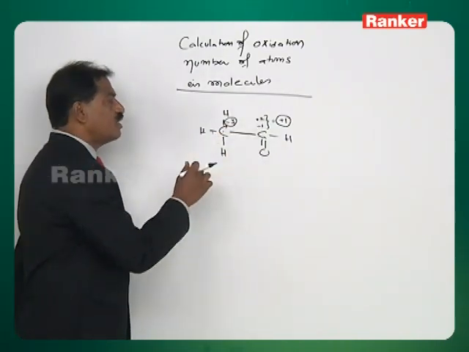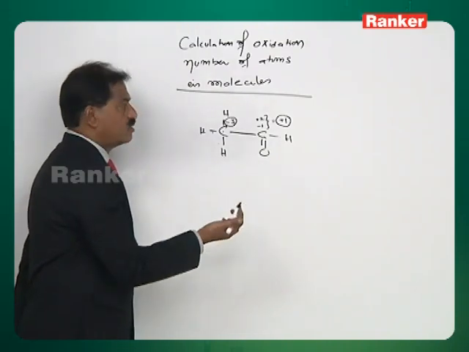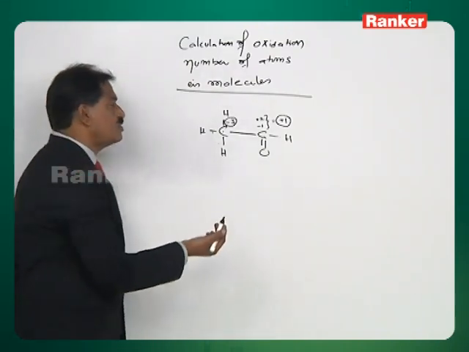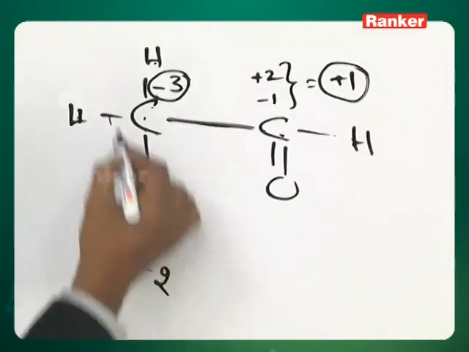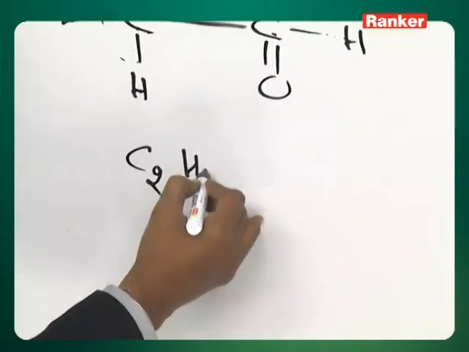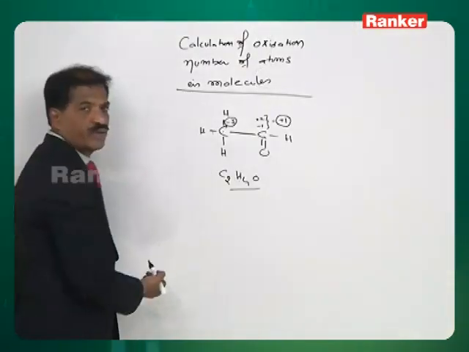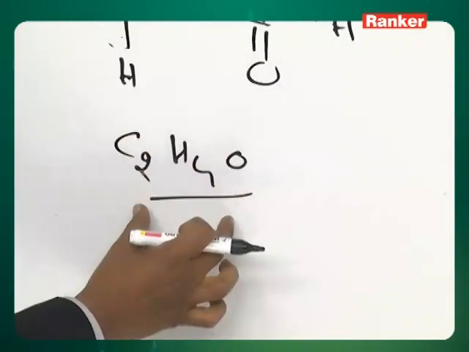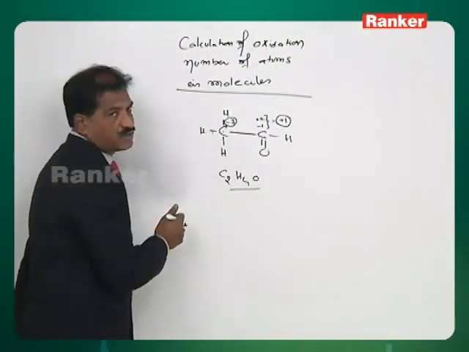But sometimes they will ask the average oxidation state. For calculation of the average oxidation state, directly you can apply the empirical formula, C2H4O. By applying this molecular formula, directly we can calculate the oxidation state.